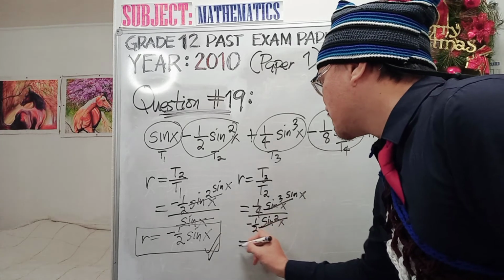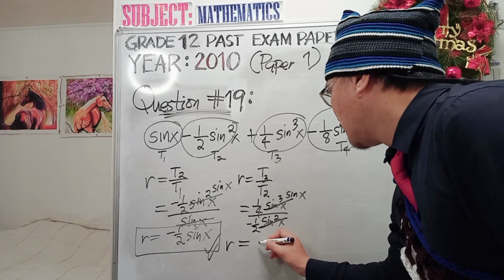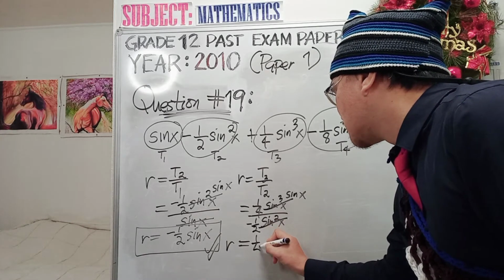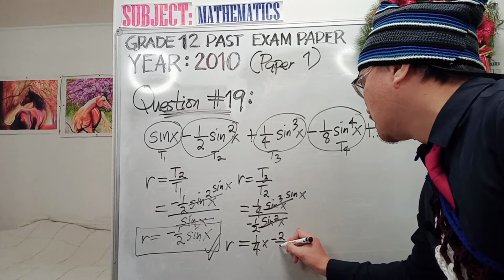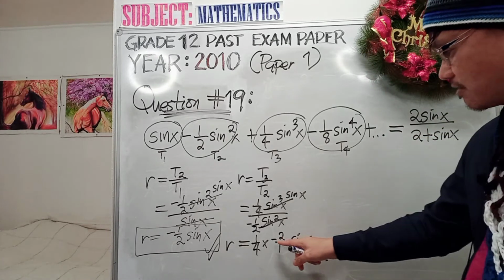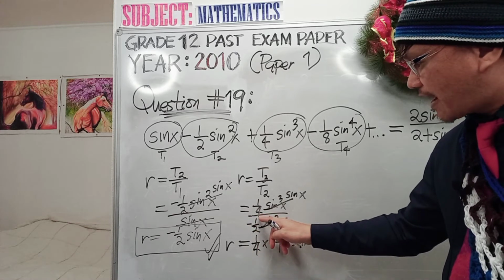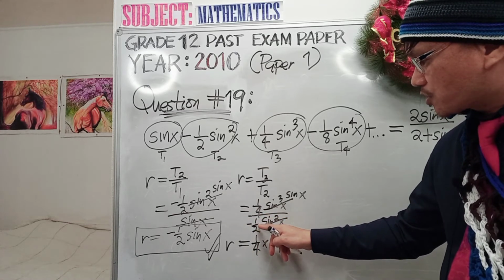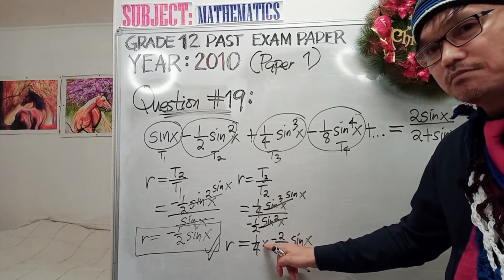And then the common ratio is equal to 1/4 times negative 2 over 1 sine x. How did I get the negative 2 over 1? When you are dividing fractions, you get the reciprocal of your second fraction, and then you proceed to multiplication.